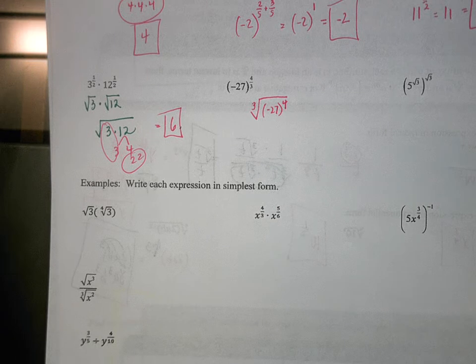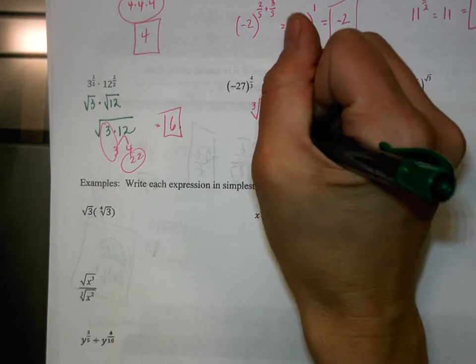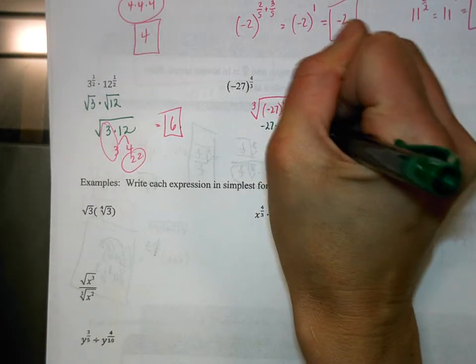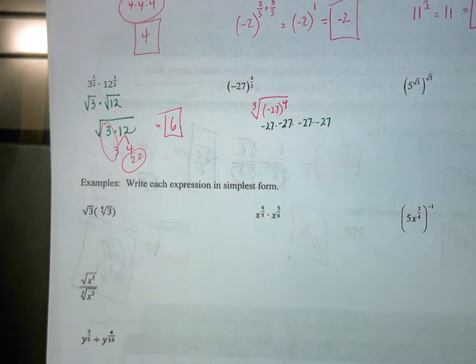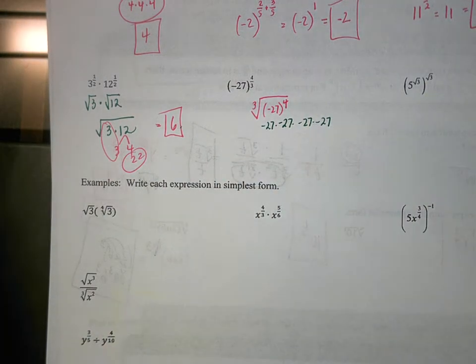Okay, so you could write this out as negative 27 times negative 27 times negative 27 times negative 27, correct? So we'd need to take the negatives out, which would end up making a... imaginary numbers only come with even roots, correct?